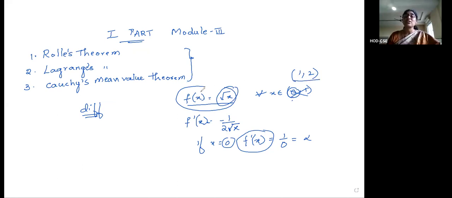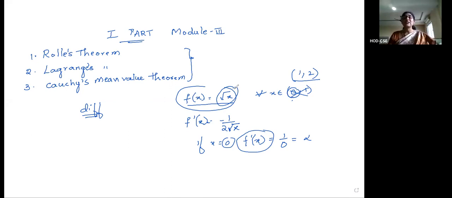So from this, the idea that you have got now is that the continuity of the function will be based on the interval that we are taking. Based on the interval we are taking, the continuity can be discussed.